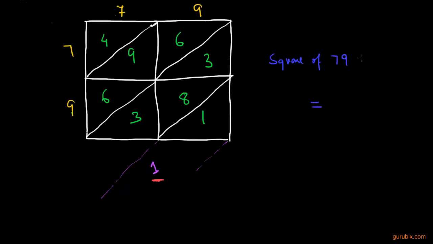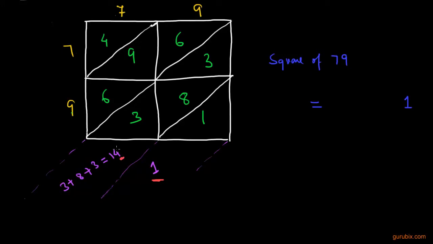The unit digit of the square of 79 will be 1, because here is 1, and now we shall add these 3 digits, 3 plus 8 plus 3, to get 14.